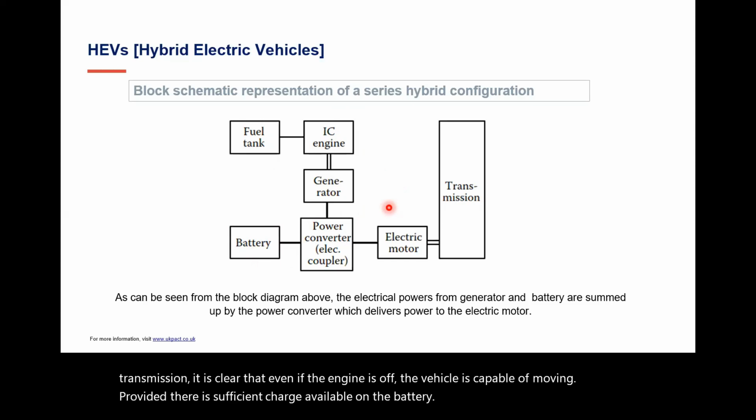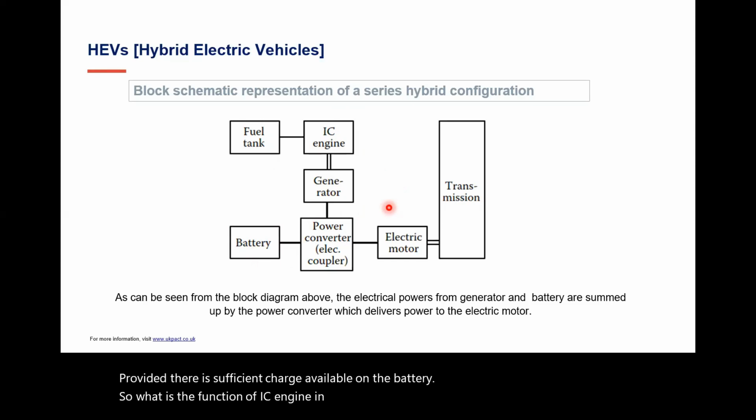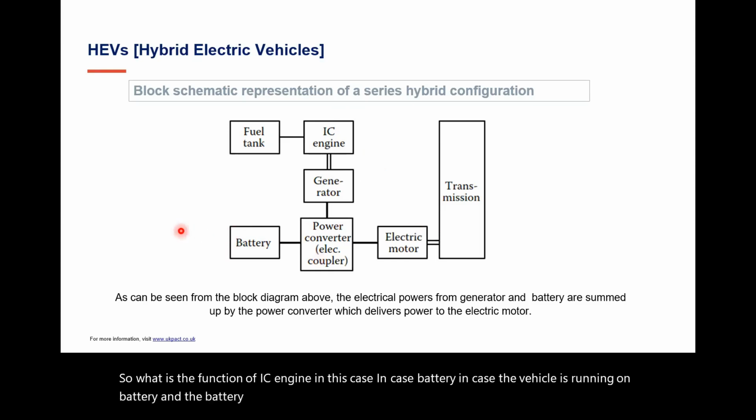So what is the function of the IC engine in this case? In case the vehicle is running on battery, and if the battery level goes down below the acceptable limit, then the electric motor won't be able to rotate further. In such a case, this status of the battery charge, that is battery health, is communicated to the EVCU.